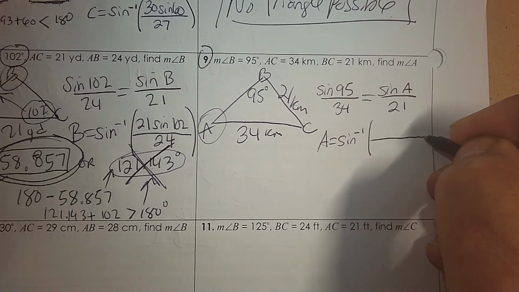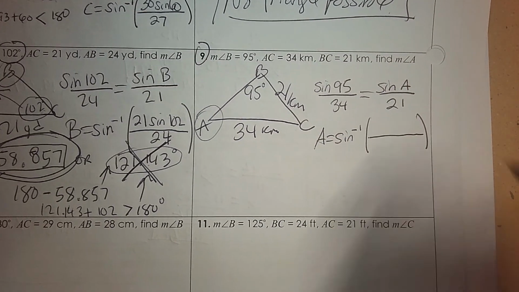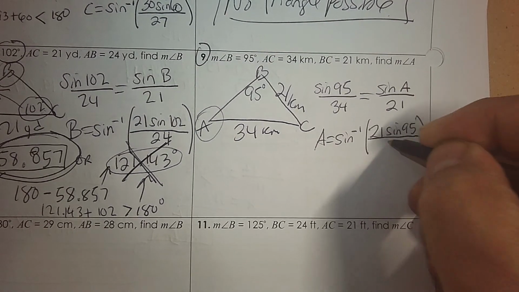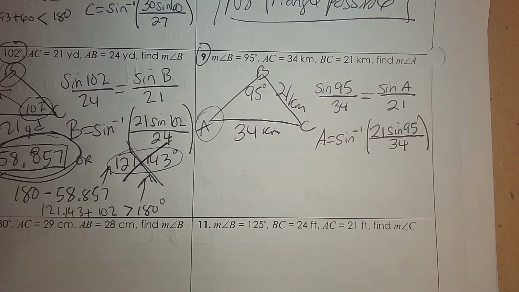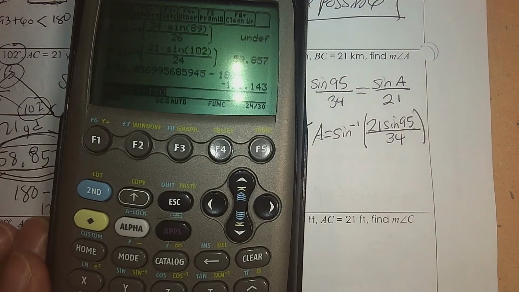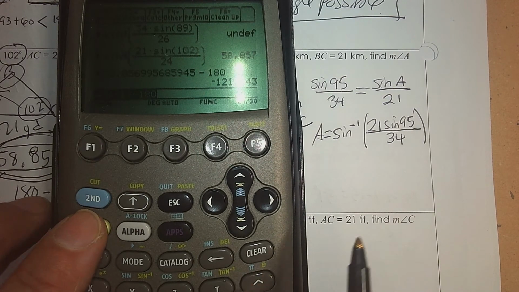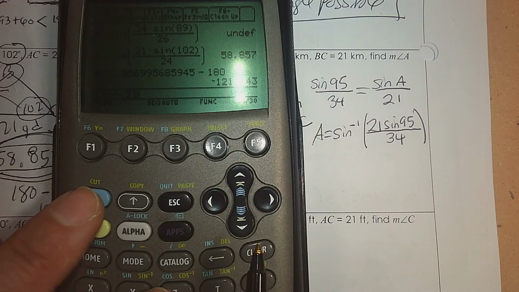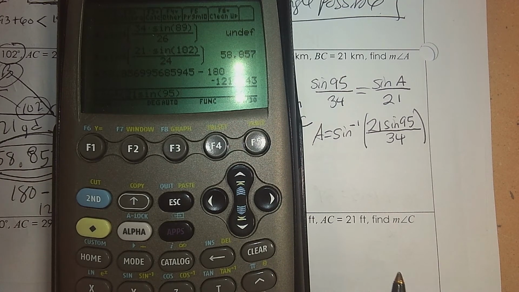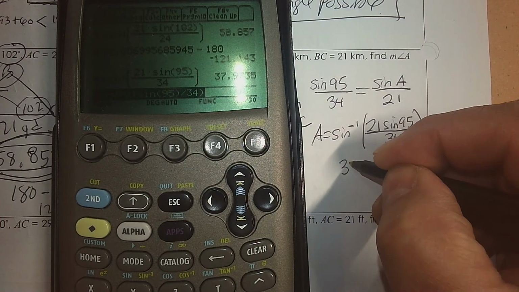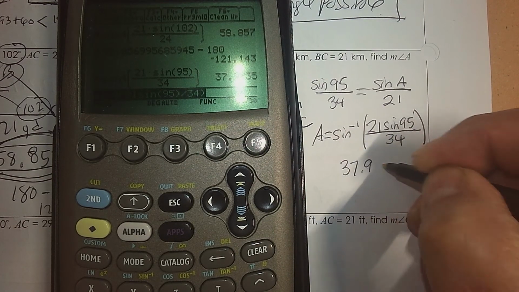And then what goes inside the parentheses? 21 times sine 95 divided by 34. All right, use your calculator. And it's 37.974.